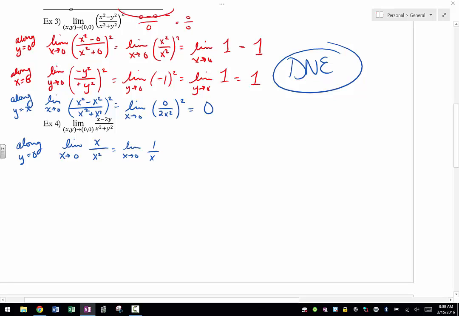This limit does not exist already because 1 over x as x goes to 0 is undefined. Technically, it might go toward an infinity, but in this case, it would go to positive infinity and negative infinity depending on what side of 0 I'm coming from. So right off the bat, doesn't exist. Ding, ding, ding, done. Didn't even need to show contradictory paths. I just found one path that doesn't work.